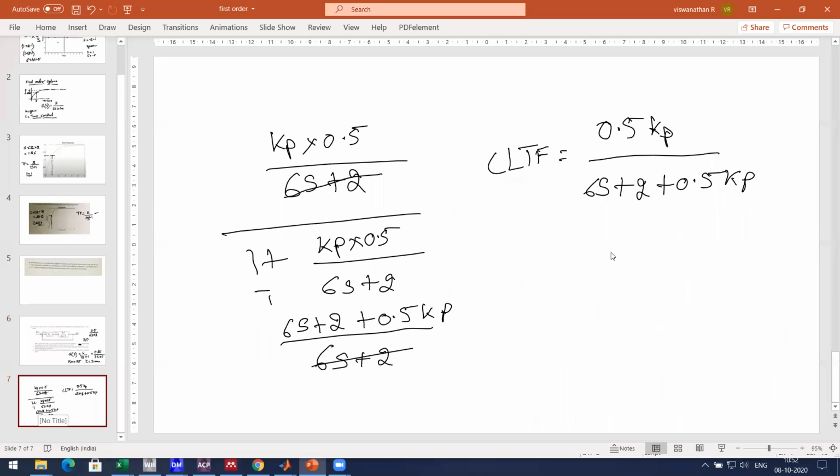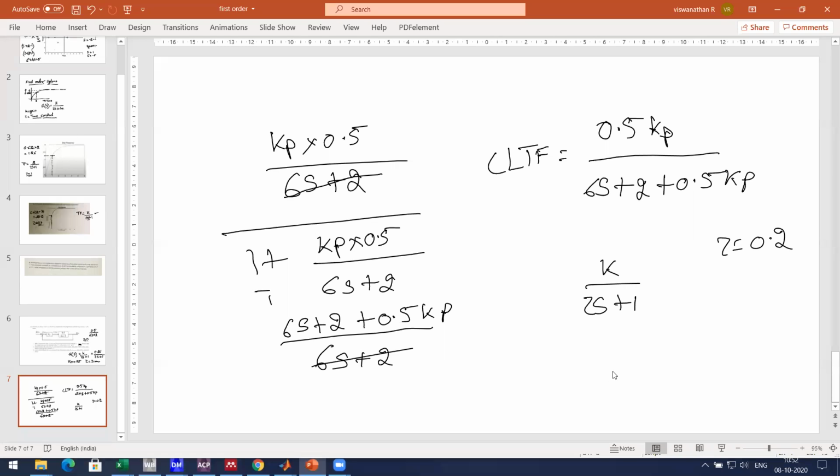Imagine this is like K divided by tau s plus 1. What will be the Kp value for tau equal to 0.2?